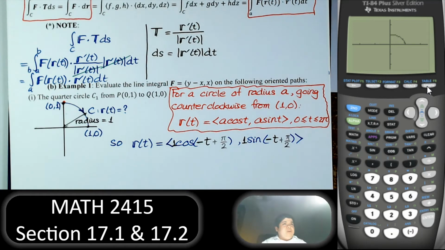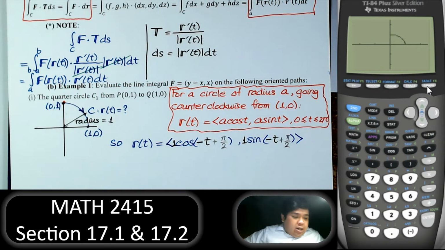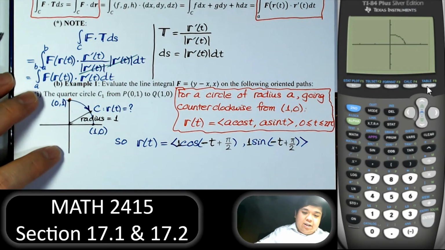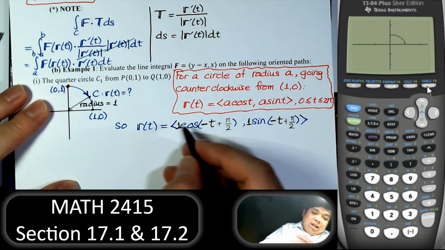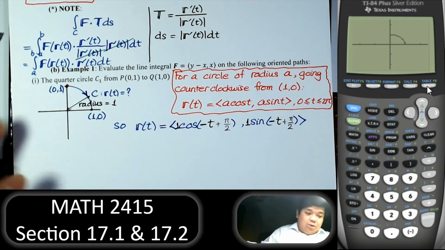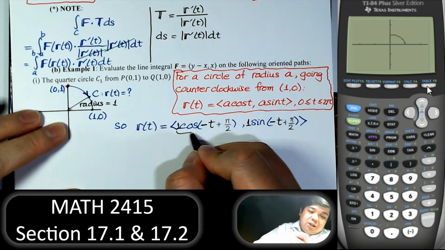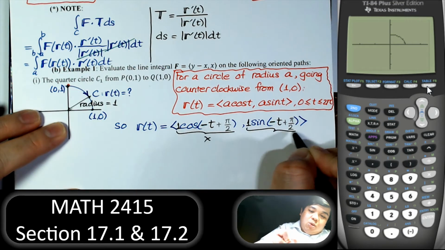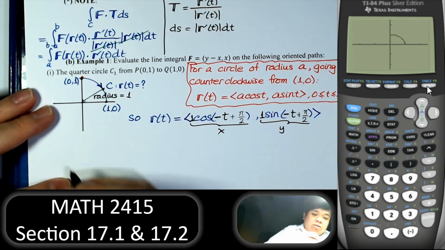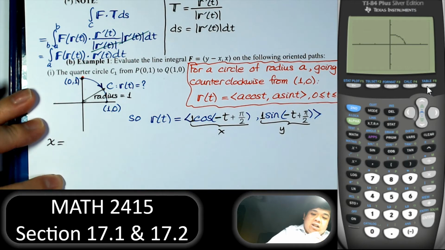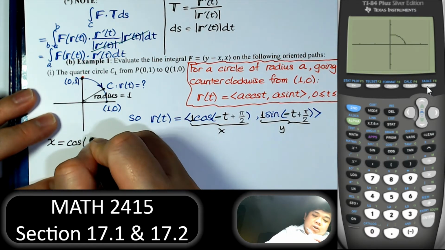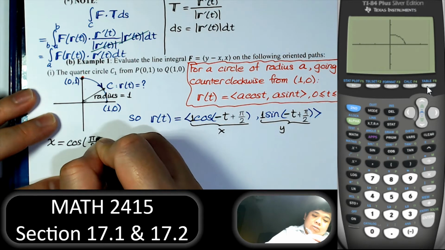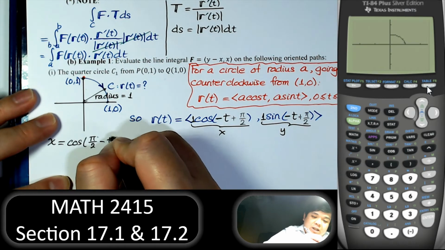So that certainly works. We can say x is equal to this and y is equal to that. If we want to simplify it, we certainly can. x equals cosine of pi over 2 minus t.